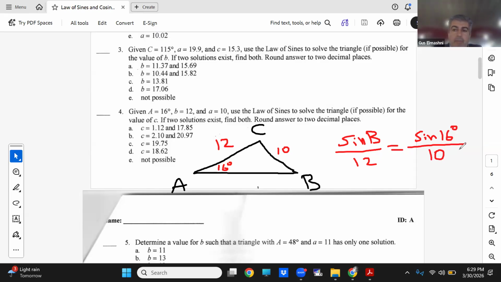Okay, go and solve for angle B. So now you know what to do. Let me have you try right now. I completely zoned out. 12 times.